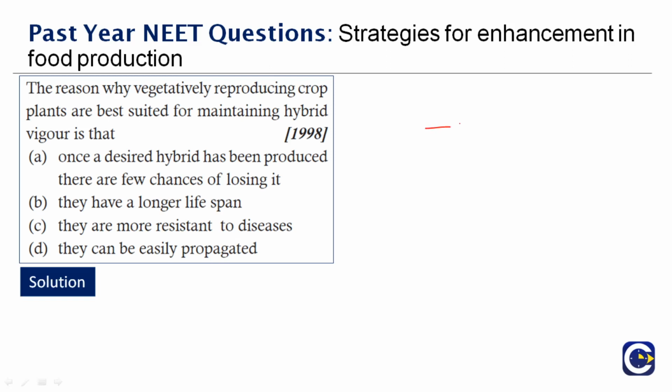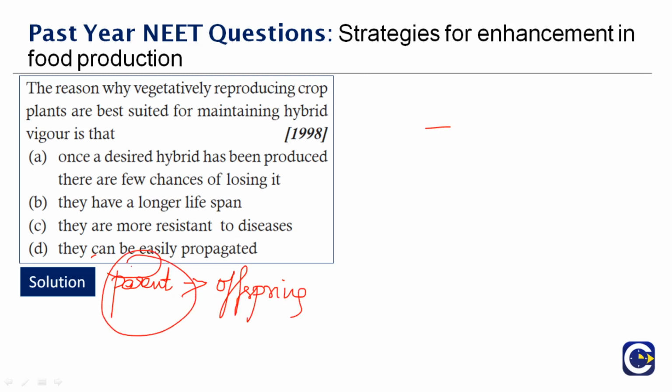That is, you're taking the sources from the parent, but the offspring actually exhibits characters which are superior to that of the parent. Very important here. They have characteristics that are more superior than the parent.